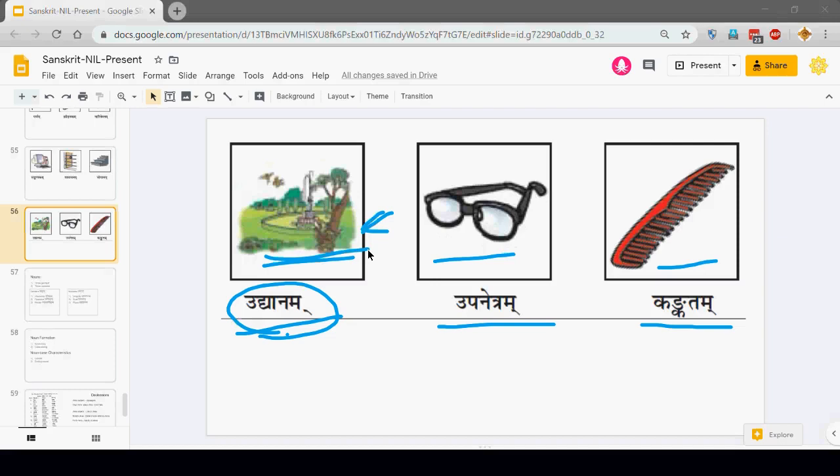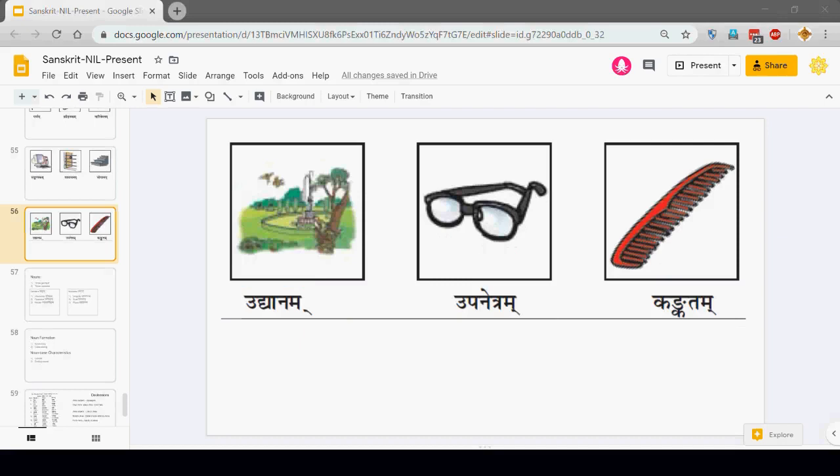Though the word is referring to the object, the gender belongs to the word. The same object might be referenced by different words.